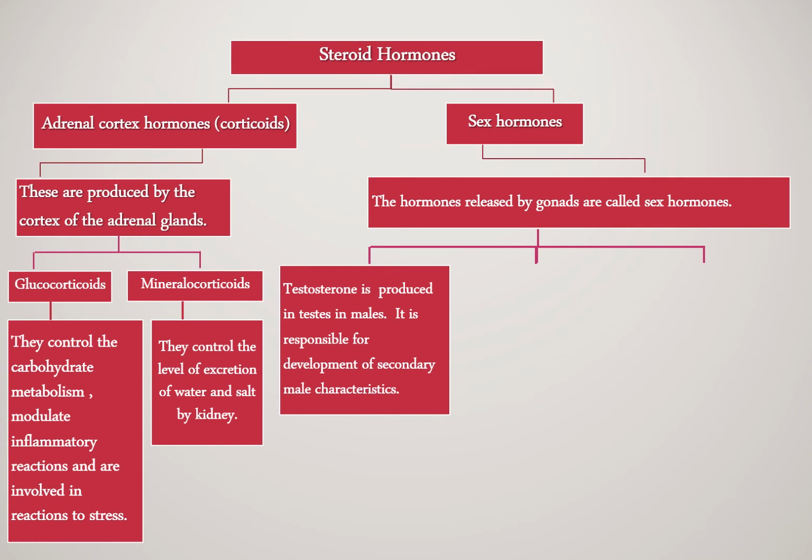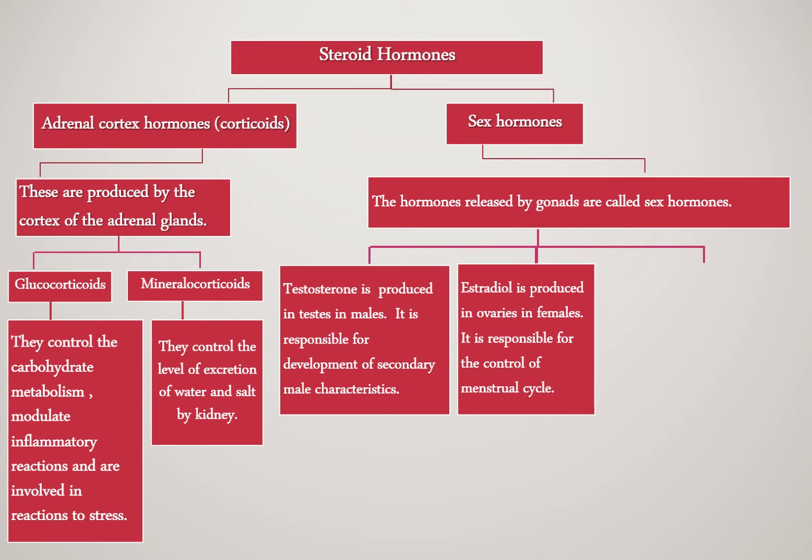When we talk about sex hormones, they are released by the gonads and they are of three types. Testosterone is produced by the testes in males. It is responsible for the development of secondary male characteristics.